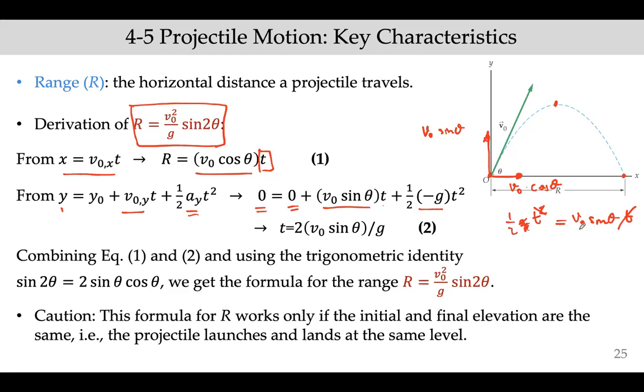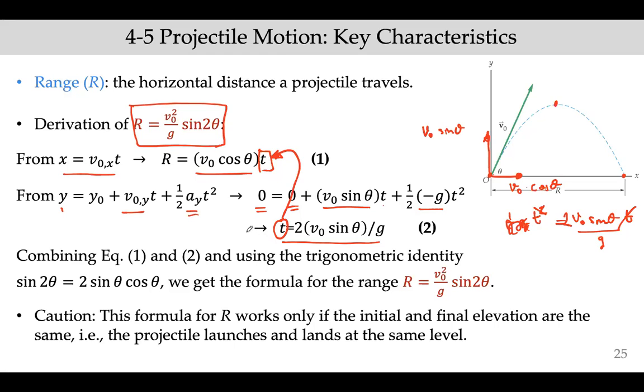So this g is gone from here, so it comes here. And this 2, I'm going to take it to the other side in the numerator. So that's the formula for t: 2v0 sine theta divided by g. Now, I'm going to use this formula for t and substitute it in the first equation here.